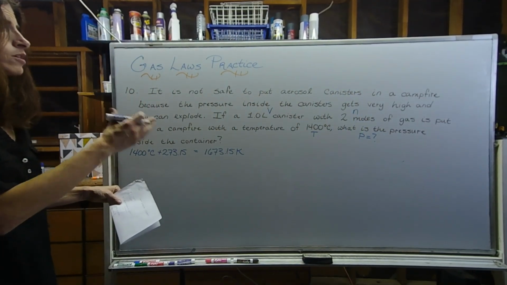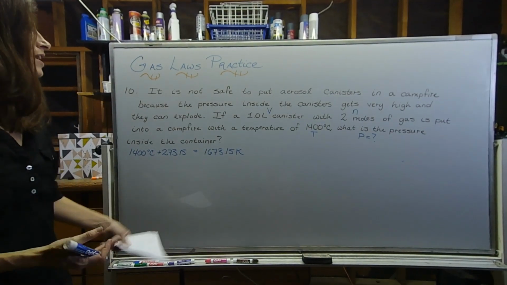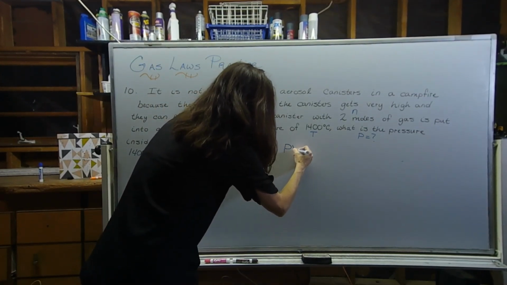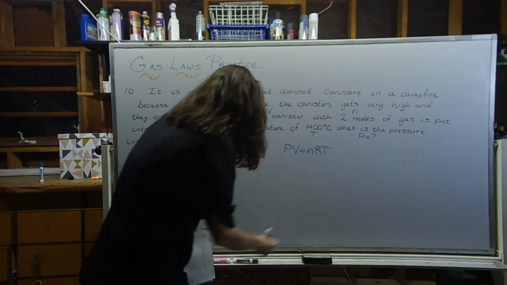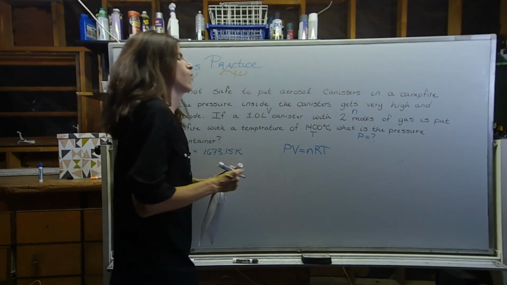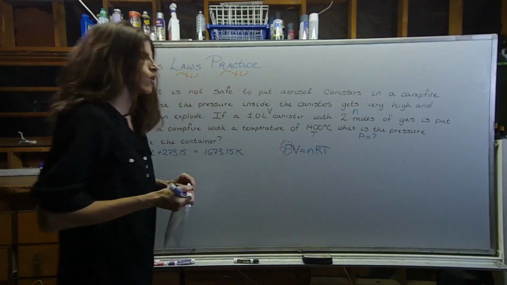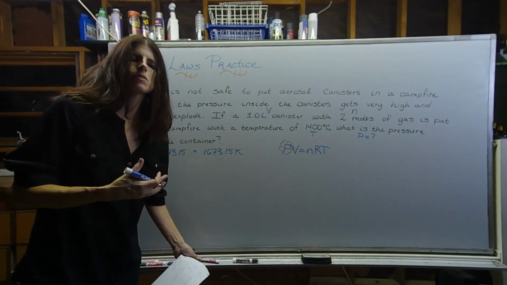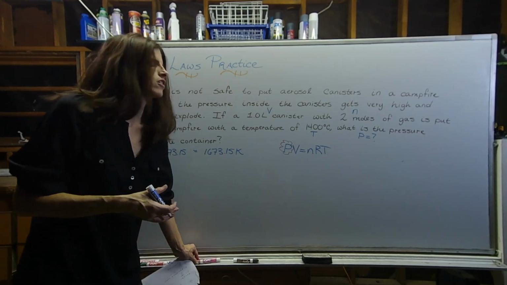Obviously, with everything we wrote down, we don't have a second set of P's or T's or n's. It looks like it's going to be an ideal gas law problem. In this problem, we need to solve for P. I know everybody has their own ways of doing things, but I personally feel like it saves me time to manipulate the variables before I start plugging in the numbers.